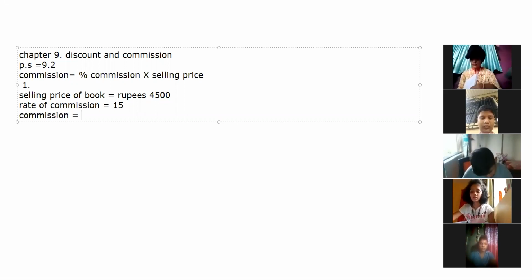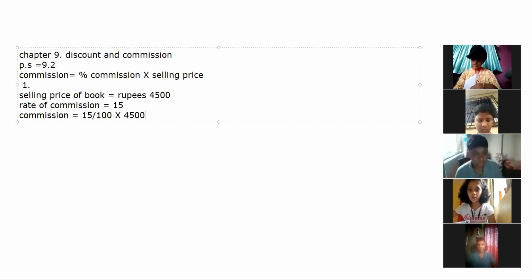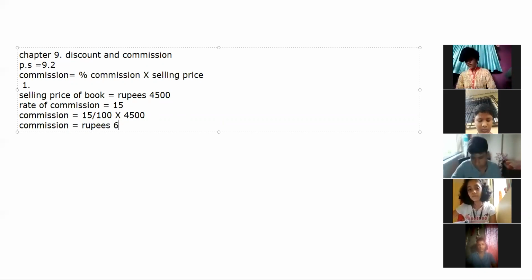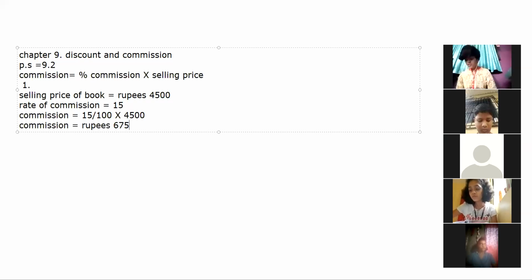So percent commission, that is 15 upon 100 into 4,500. So you get commission of rupees 675. Yes, 675.